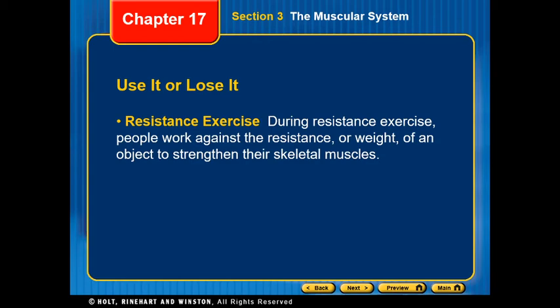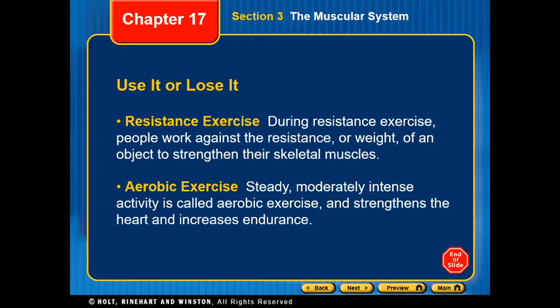The resistance exercise will strengthen your skeletal muscles. And there's another exercise, which we call aerobic exercise. This is a steady, moderately intense activity that strengthens the heart and increases endurance.